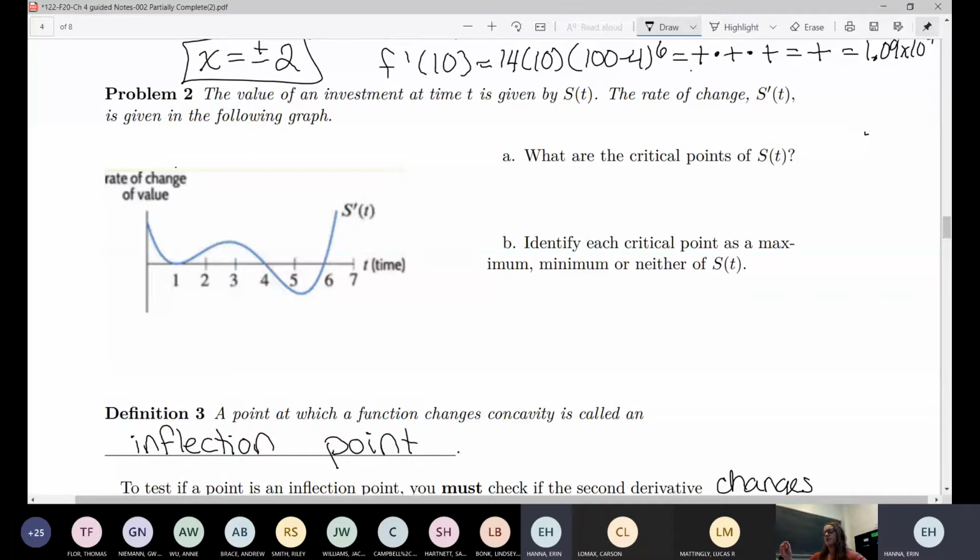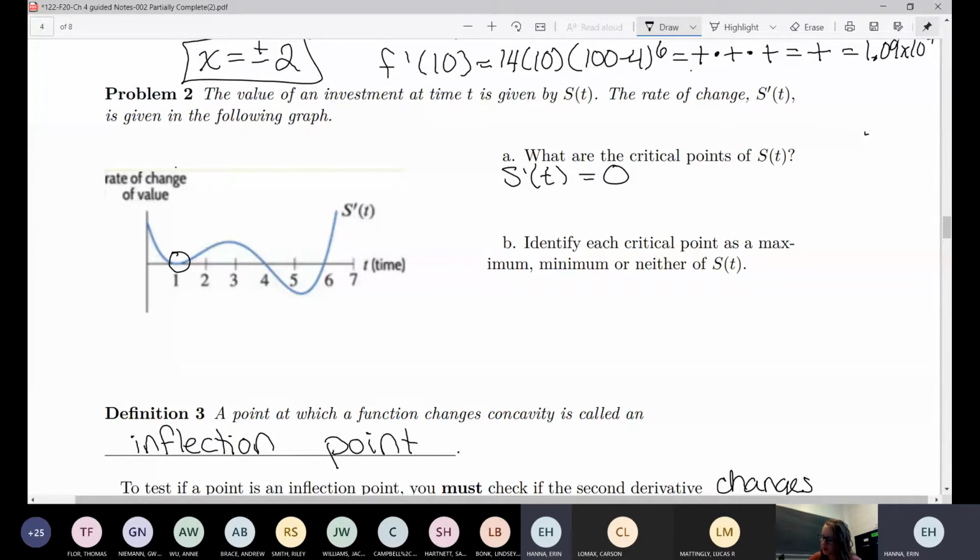So the first thing we're asked is to find where the critical points of S of t are. Remember, the critical points of S of t are going to be when the derivative equals 0 or undefined, but since we have a continuous function here, it's never undefined, so we don't need to worry about that. So essentially the critical points of the original function are where this derivative is equal to 0.